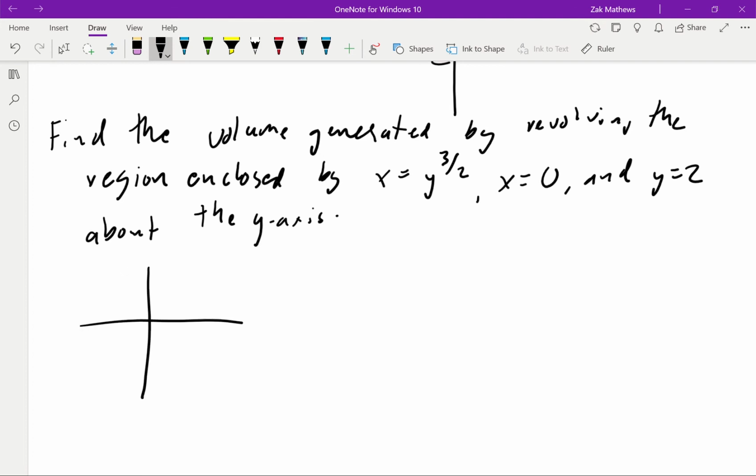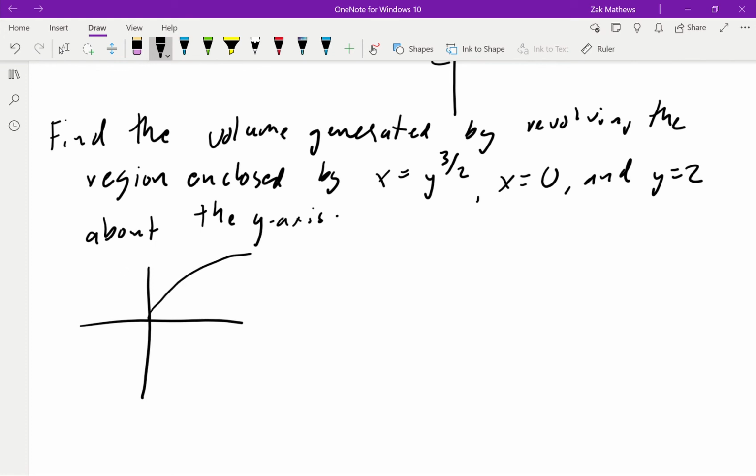So x equals y to the 3/2 power. It might be easier to think about what that would look like in terms of the x. So that would be x to the 2/3 power. So some sort of cubic root, but happening maybe a little bit faster.